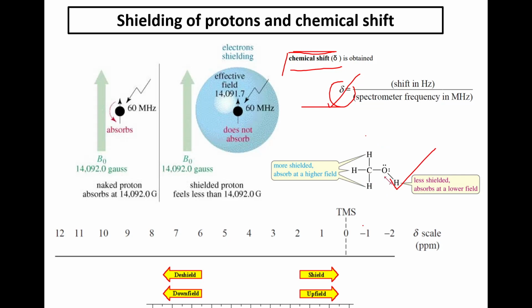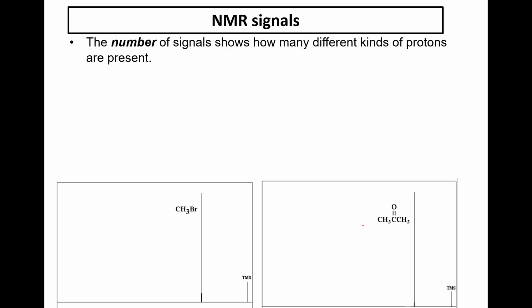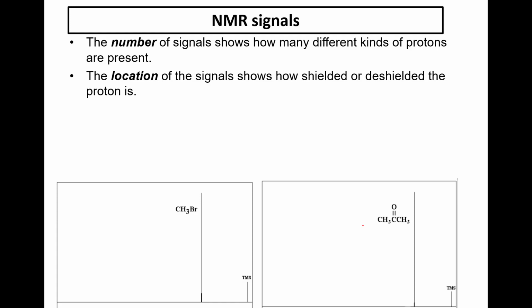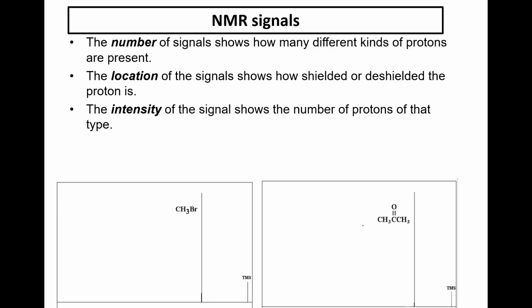Now there can be different splitting of that peak, but as a gross estimate, if you are getting two peaks, there are two kinds of protons present. The chemical shift value tells you how much that proton is shielded or deshielded. It gives you an idea about the chemical environment. Now the intensity of these peaks will tell you how many protons are facing a similar environment.